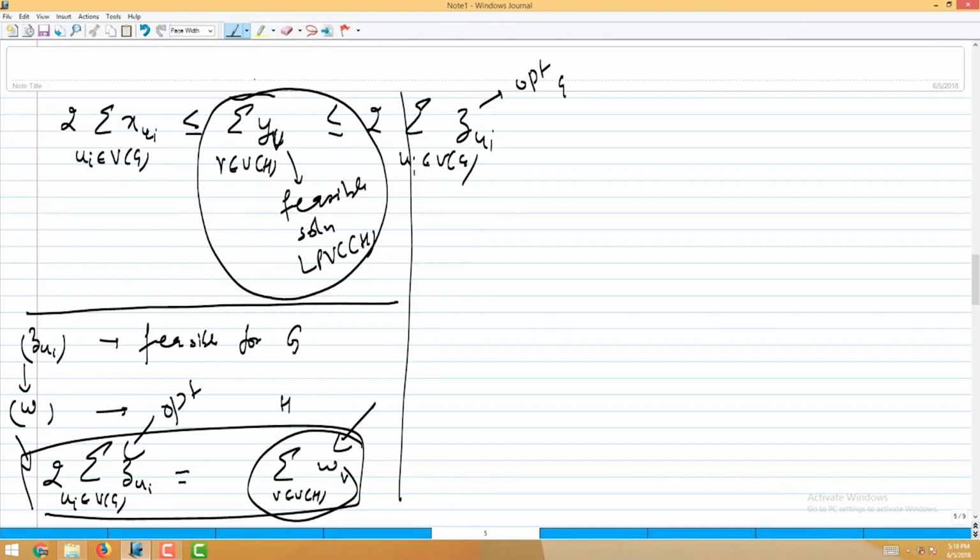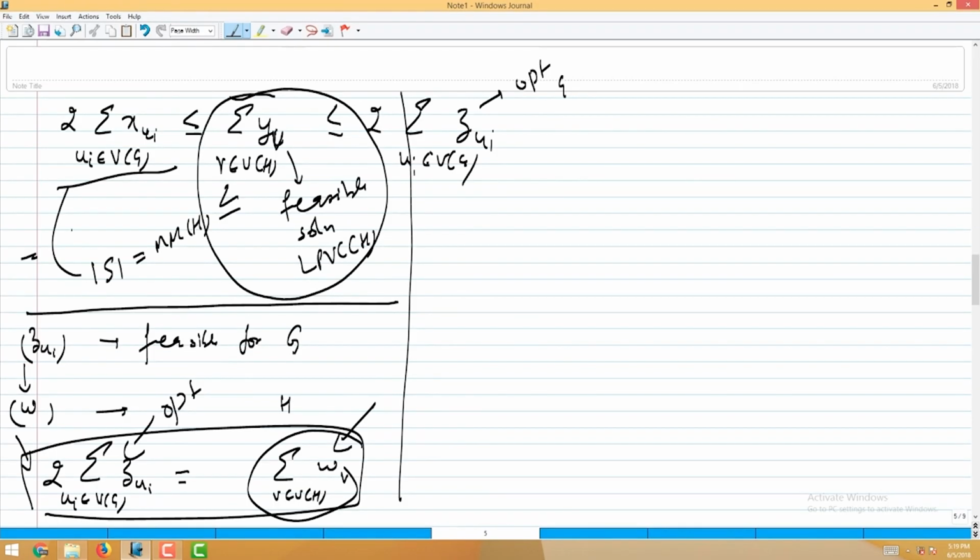So combining both these things, I can write it like this, right? So again, you start with some optimal assignment for G. Using this optimal assignment, you constructed a feasible assignment for H. And this is the relation between their sizes.